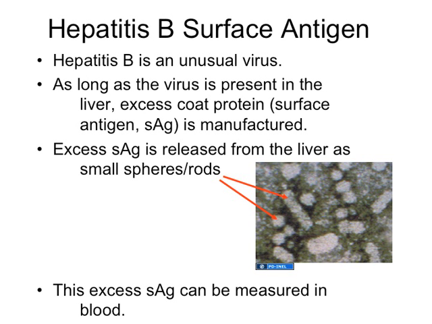It makes tons of surface coat protein, astronomical levels, orders of magnitude more than it needs to make its viruses. And so this extra surface protein is shipped out into the blood, and it appears in blood in little spheres and linear rods that is pure surface protein. There's so much protein there, it's easy to detect.